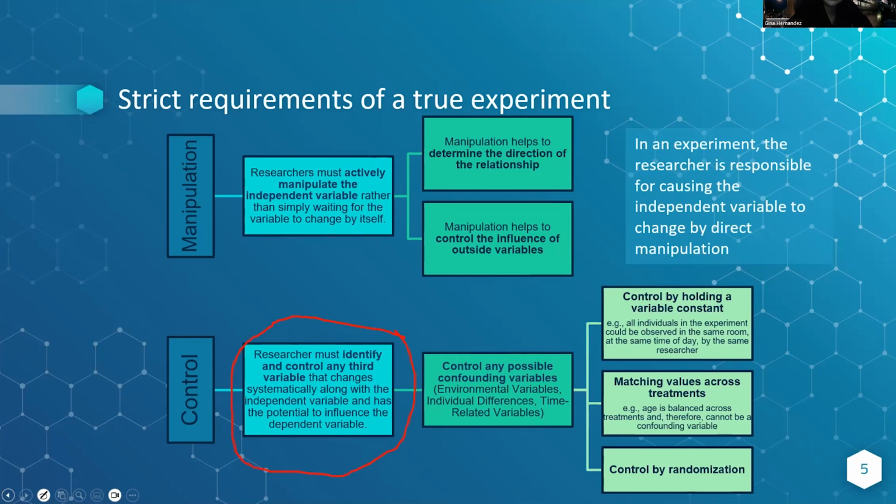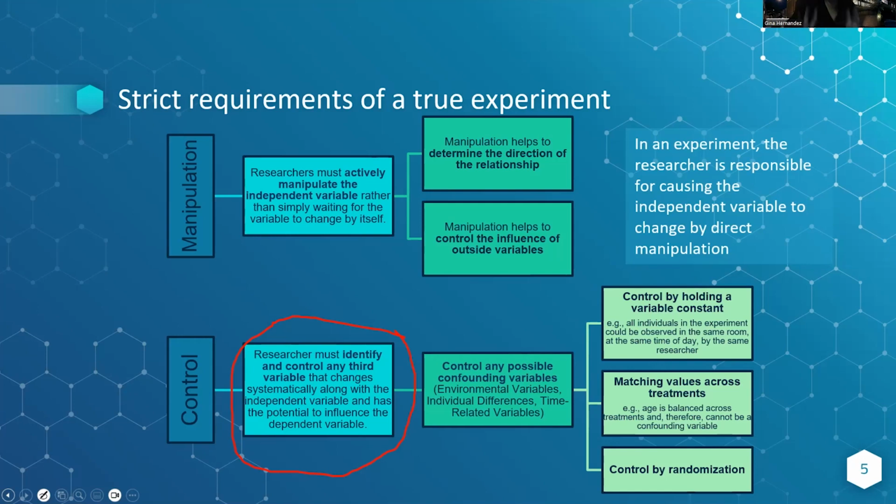So in this case, we have two kinds of these third variables, as we already discussed in a different session. We have the confounding and the extraneous variables. Extraneous is called extraneous because it's just different to the independent and the dependent variable.